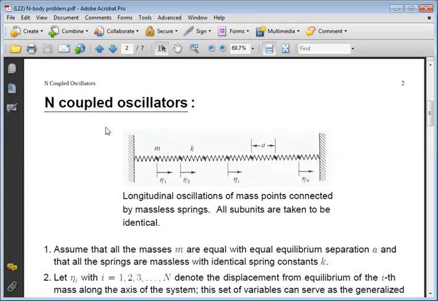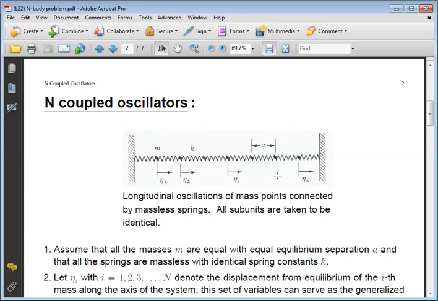As shown in the figure, we have a set of n masses which are connected by identical springs of spring constant k, and the equilibrium distance between any two masses is a.